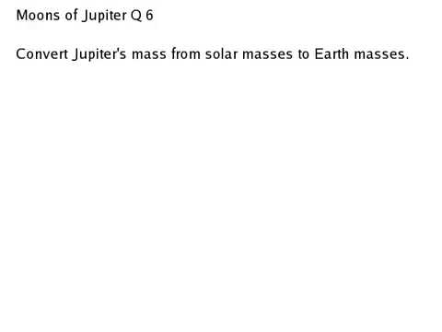So the conversion factor is given as 1 Earth mass is equal to 3 times 10 to the negative 6 solar masses.